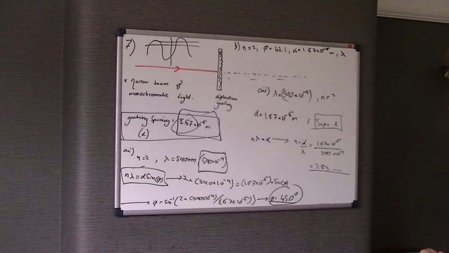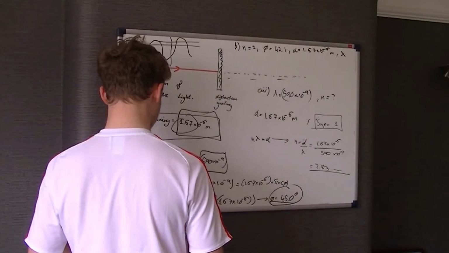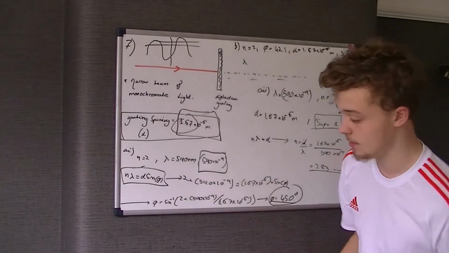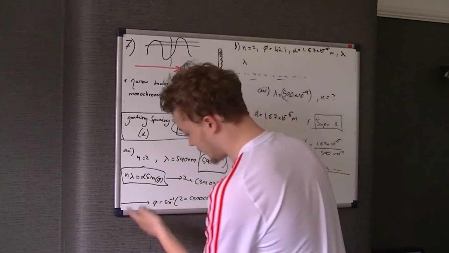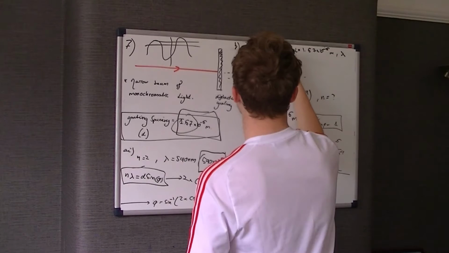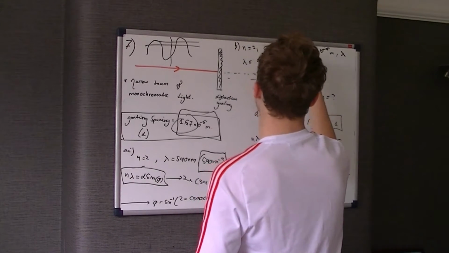So it's just a rearrangement of n lambda is equal to d sine theta in order to get lambda. Rearranging, just divide both sides by n, so we get lambda is equal to d sine theta over n. Show all your working, obviously.